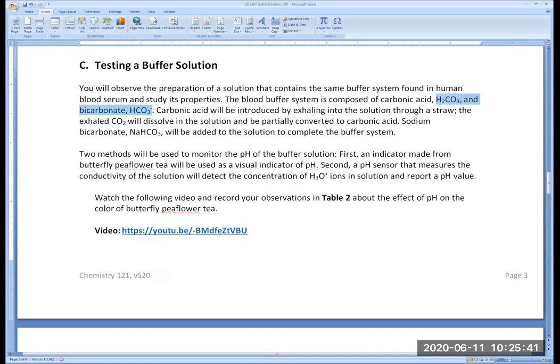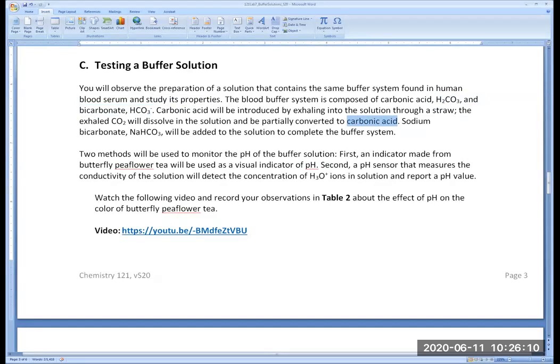Carbonic acid, because we've seen that CO2 is in equilibrium with carbonic acid when it's placed in water. So you will introduce the carbonic acid by exhaling into the solution, blowing into the solution. That will introduce some CO2 in the solution, and the CO2 will convert into carbonic acid because they are in equilibrium.